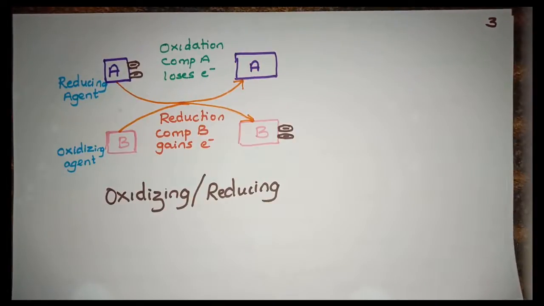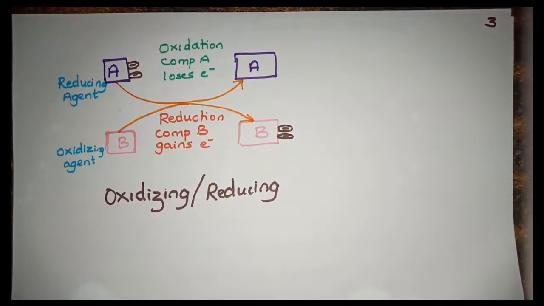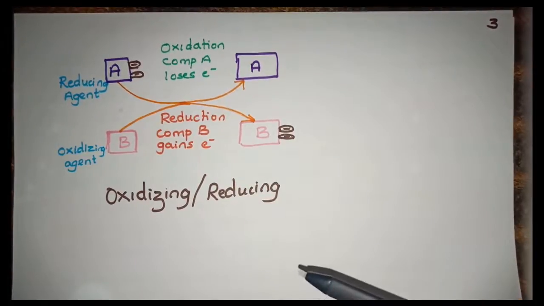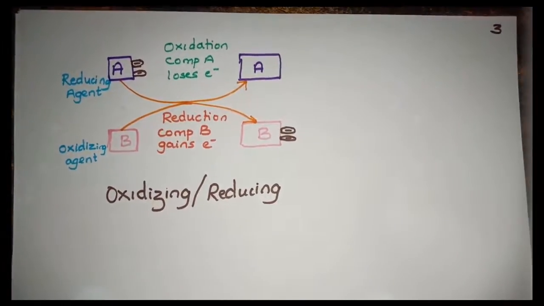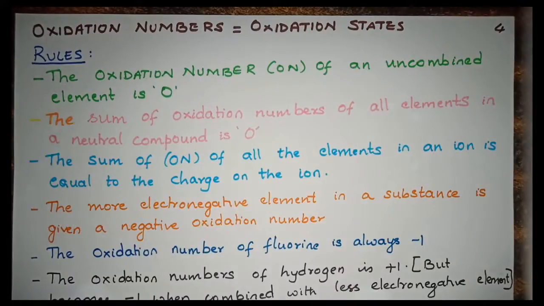Now once we are thorough with this, let us go to the next part of our understanding, something which is very important with respect to your examinations of your KVPY level. So after we discuss what reducing agents are, the next thing we would discuss is the oxidation numbers or the oxidation states.